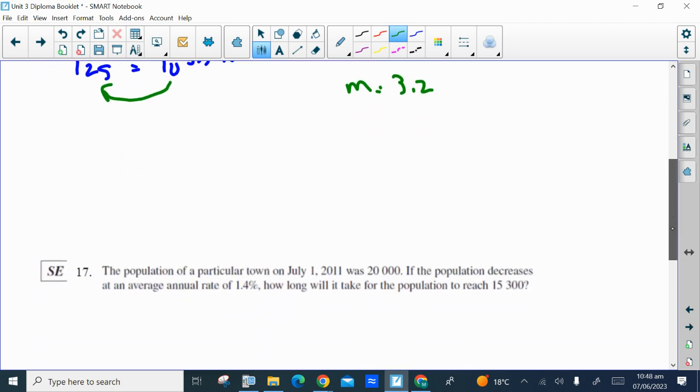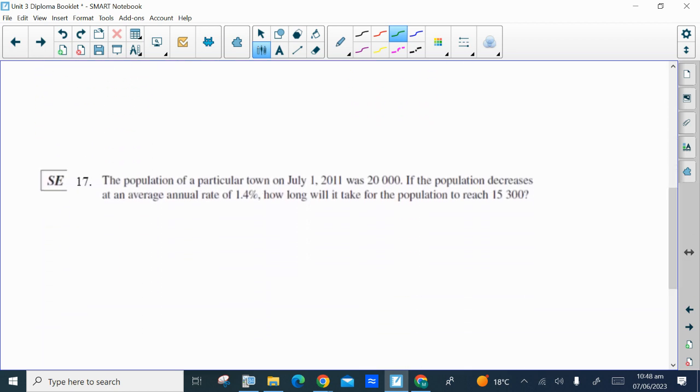Okay. Number 17, population of a particular town on July 1st of 2011 was 20,000. Population decreases at an annual rate of 1.4%. How long would it take for the population to reach 15,300? So if you work with the exponential function equation that we're given, the amount at the end is what y is, that's 15,300.